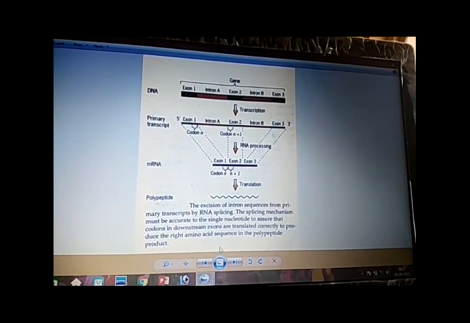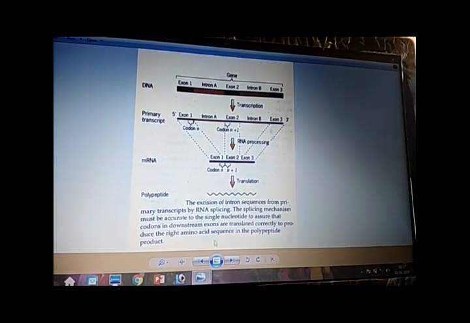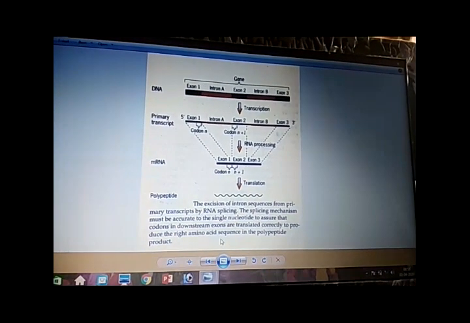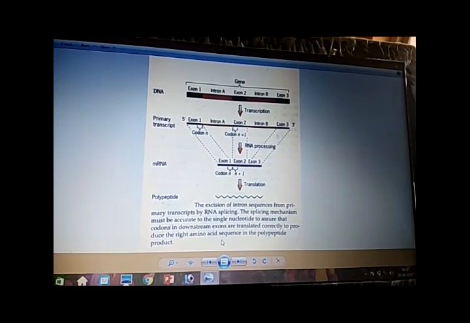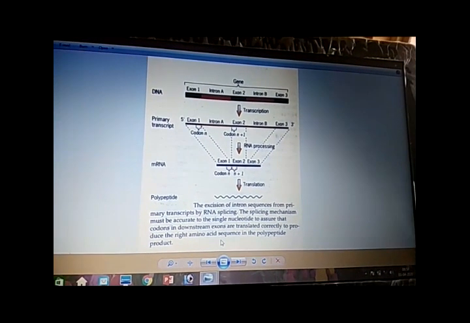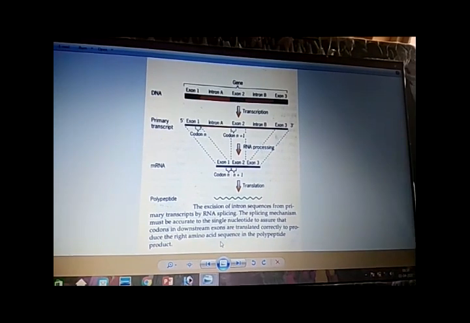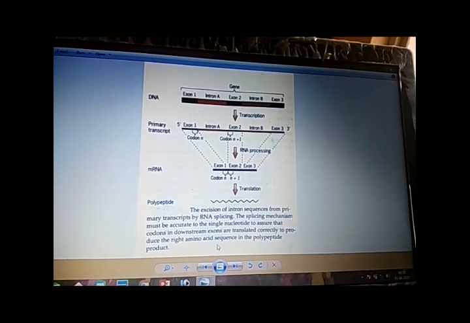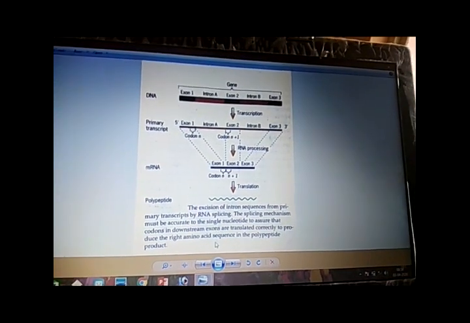Three scientists, namely Susan Berget, Phillip Sharp, and Richard Roberts, showed that genes of animal viruses contain internal nucleotide sequences that are not expressed.